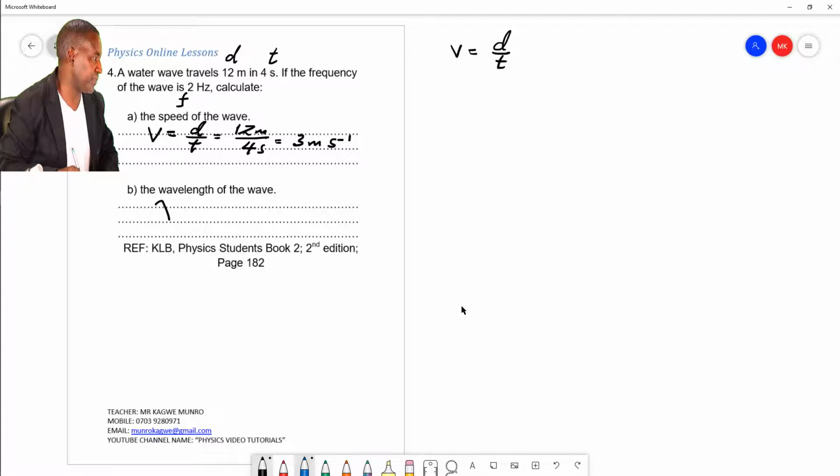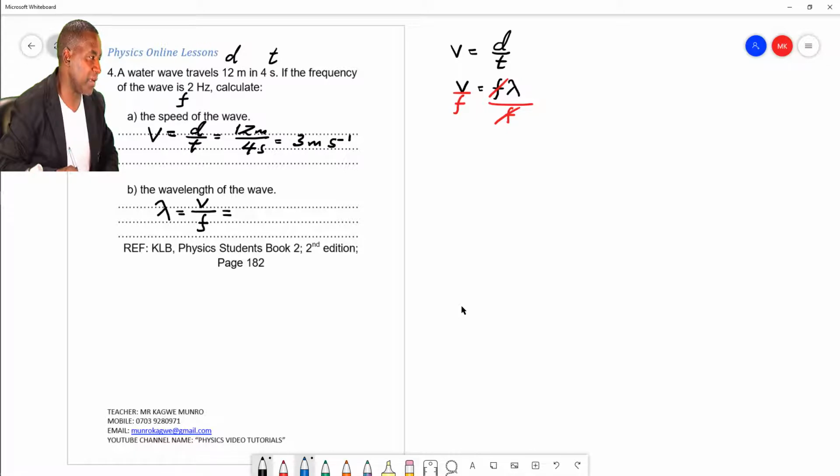Wavelength can be obtained from here. Notice how knowing the equations which are there can help us. So over here, what is it that I need to do in order to get wavelength? I divide both sides by f because I don't need f. F cancels here, and I can see wavelength will be equal to speed divided by frequency.